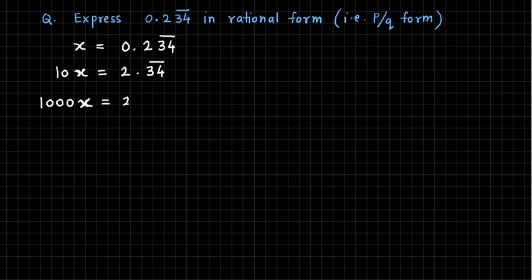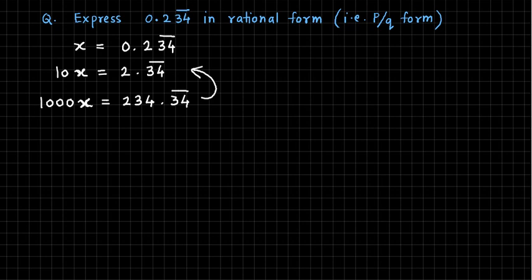and this gives us 234.34, simply because the 34 is going to be an unending sequence. Now to get rid of that unending sequence, I subtract the first equation from the second.